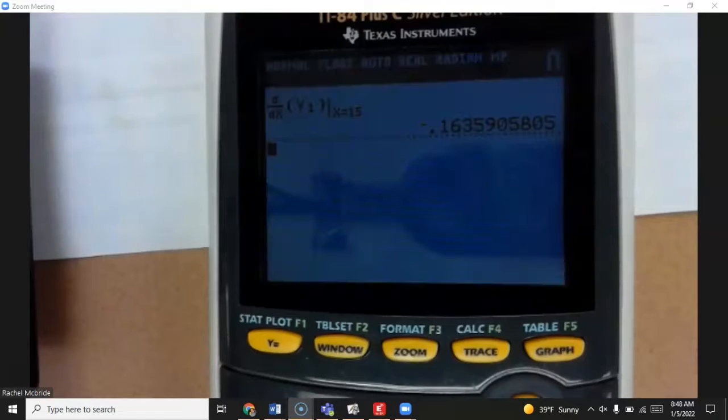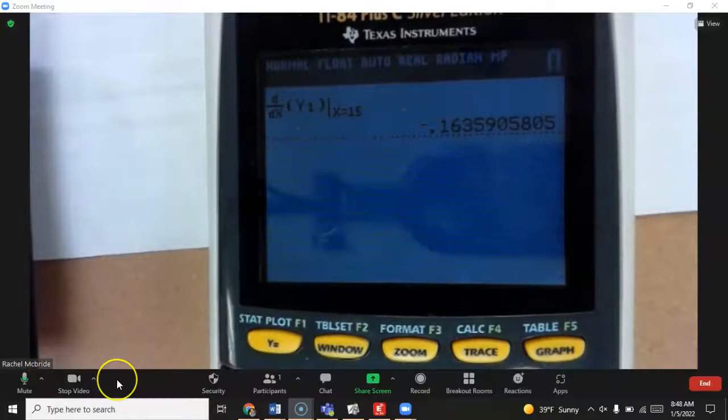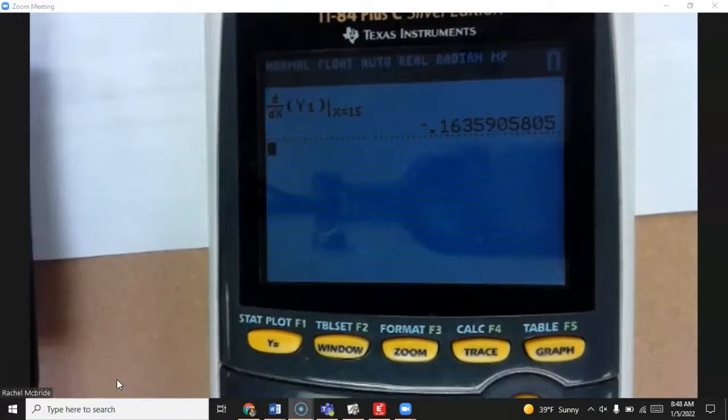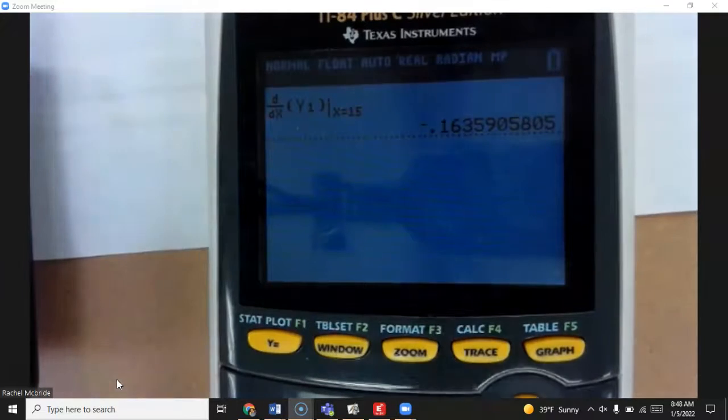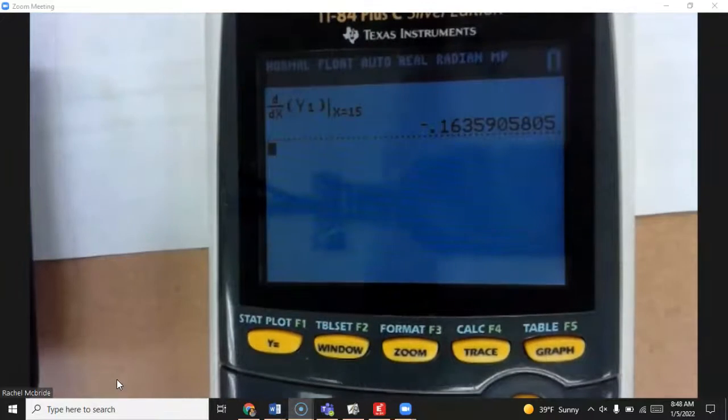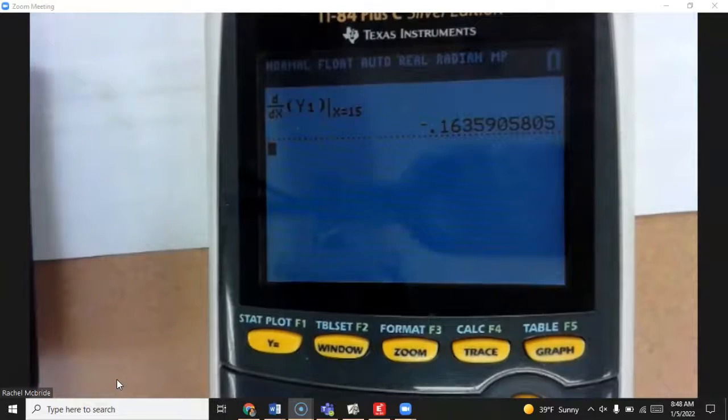Wait, what was the units? Pounds per day. Just pounds per day. Because the original function is measured in pounds, and t is measured in days. So the derivative becomes pounds per day, because it's change in pounds over change in time. Think about what you just wrote for your slope of your secant. A is pounds, t is time.